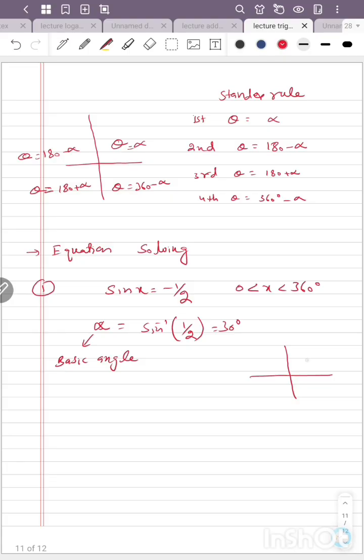We know that in the first quadrant all are positive, here sine, here tan, and here cos. It means in our third and fourth quadrant sine is negative.